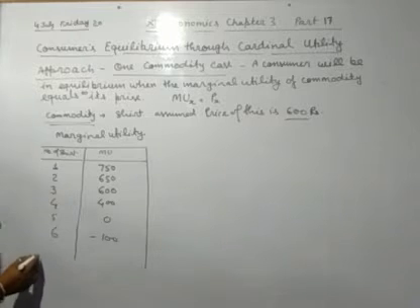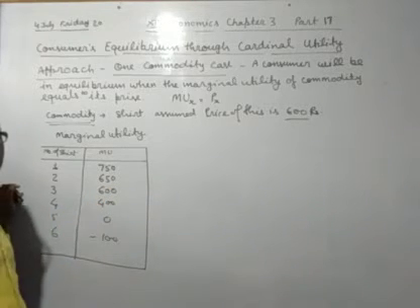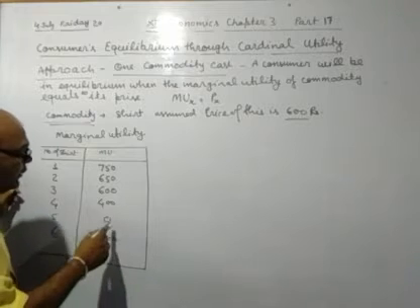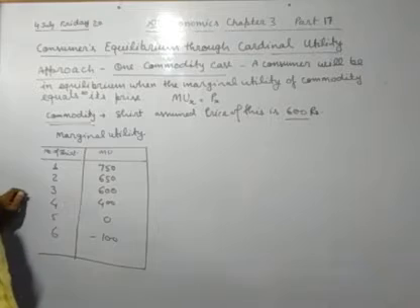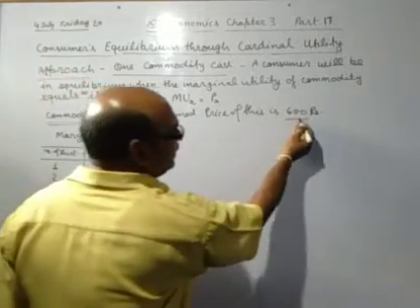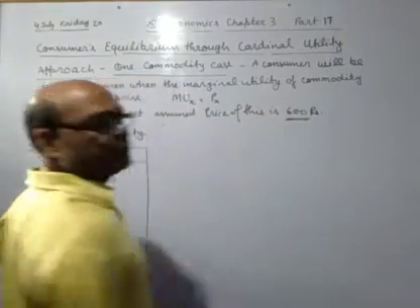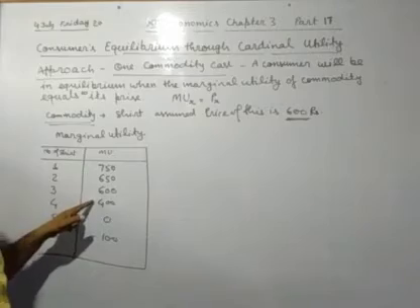You can write any number here, but keep in mind this number should be in decreasing order, then 0, and then negative. And second, the price of the commodity must be among the marginal utilities.